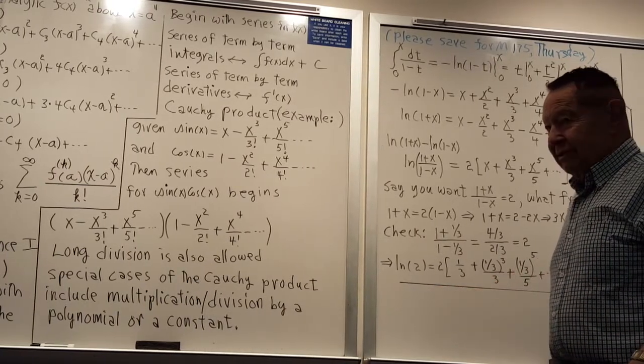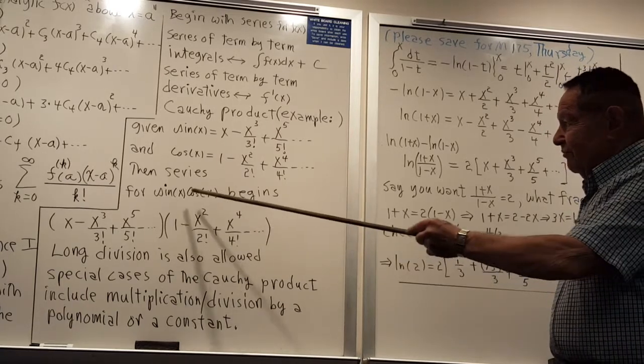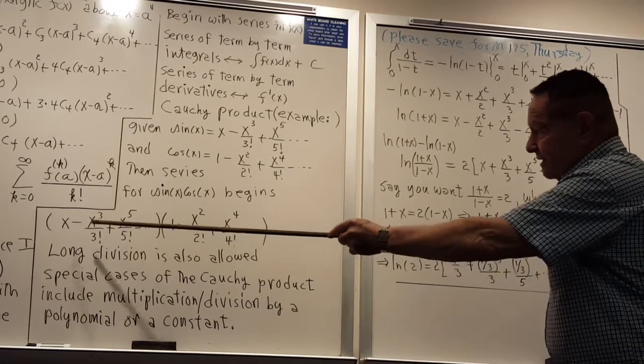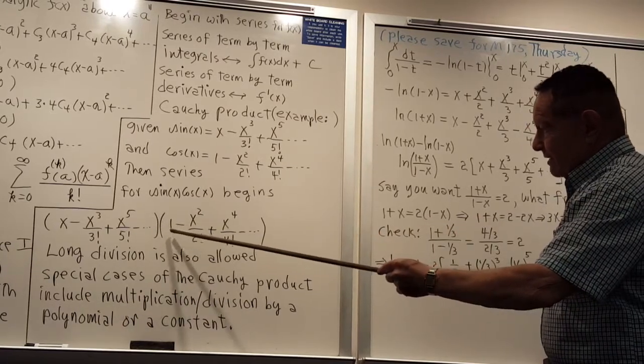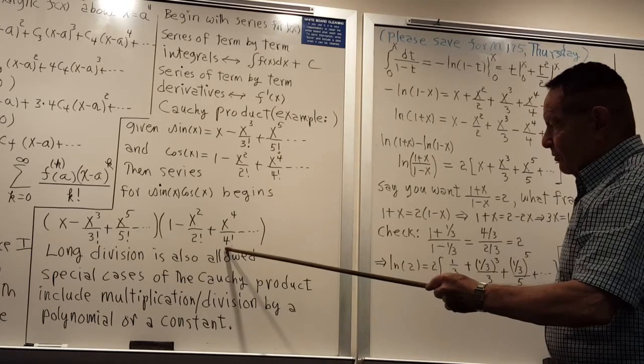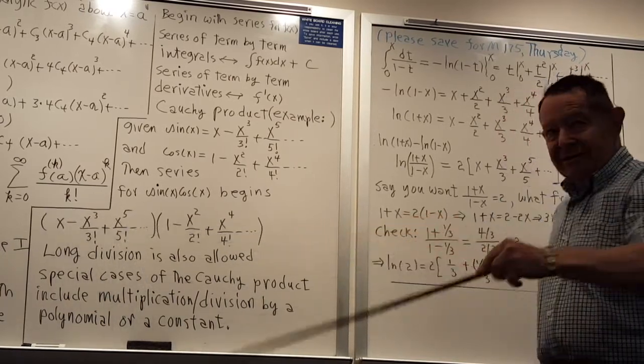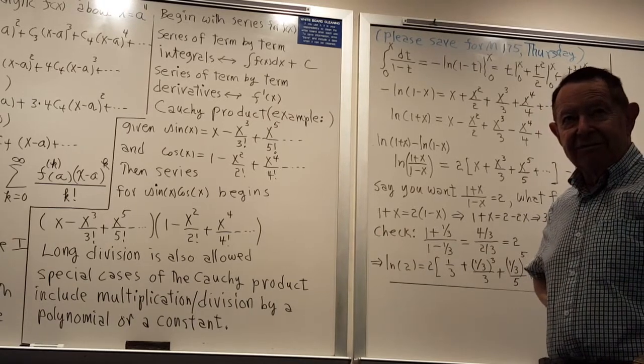So you could get the first terms for the tangent, which would be sine over cosine, if you started out as if this were a polynomial and you were going to divide it into this polynomial as in long division.